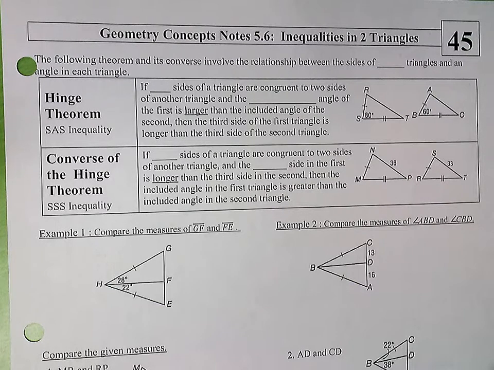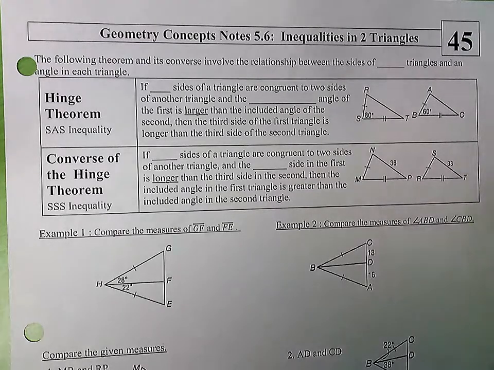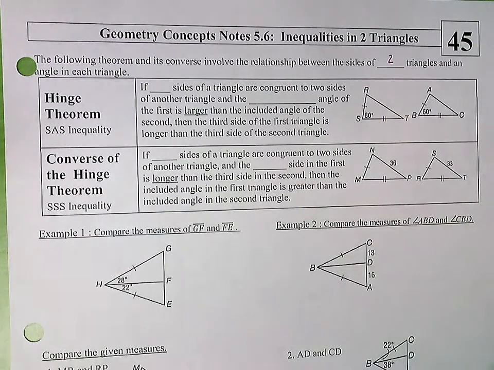So, the following theorem and its converse involve the relationship between the sides of two triangles and an angle in each triangle. So that theorem is called the Hinge theorem. It has to do with side angle side inequalities. Okay? So you have two sides and an angle between.